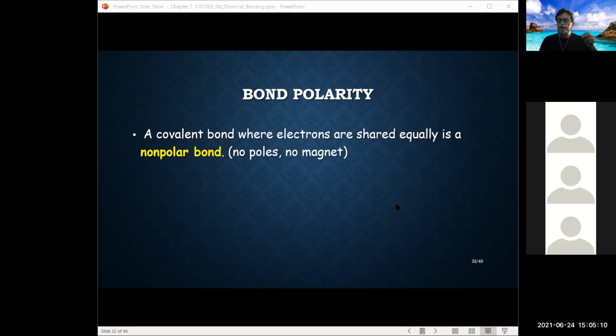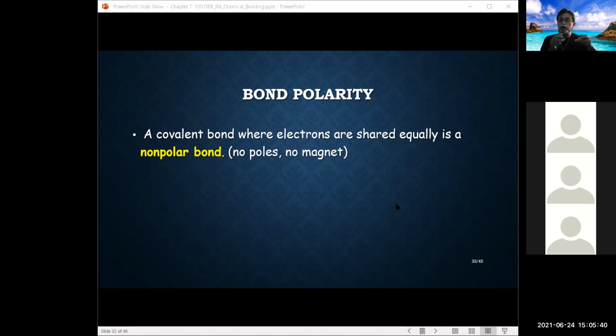Electronegativity is the affinity for an atom to pull electrons onto itself in a bonded situation. So these atoms are bonded to something.